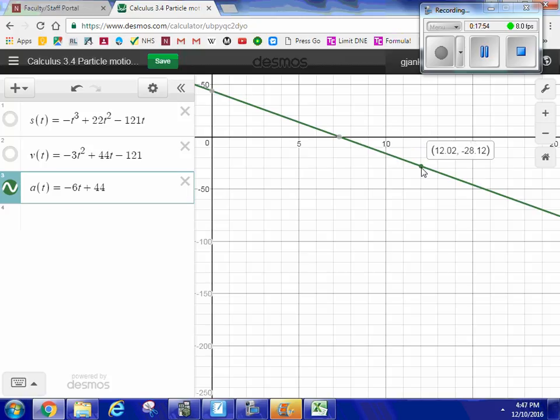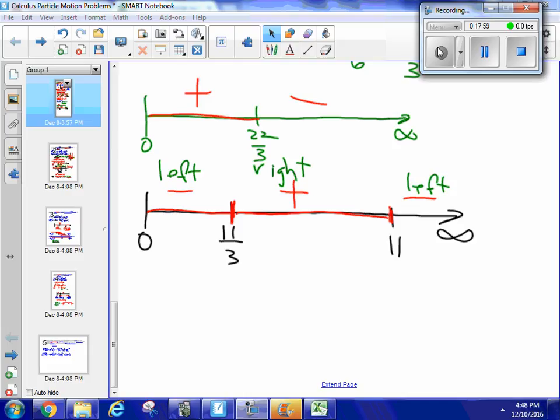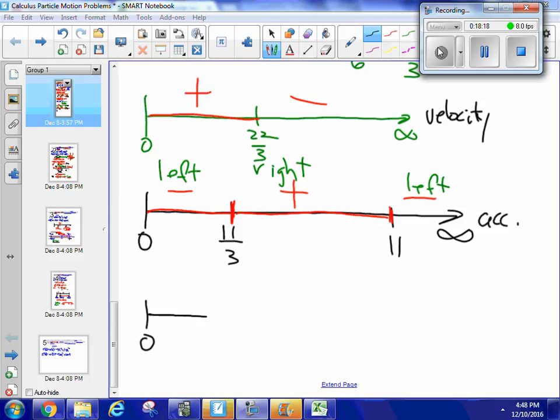So now let's take a look at these number lines together. And again, they don't have to be to scale, but the numbers have to be in the right position. So this one here was my velocity, and this one here was my acceleration. So I'm going from 0 to infinity, and here's 11, and here is 22 thirds, and here is 11 thirds.